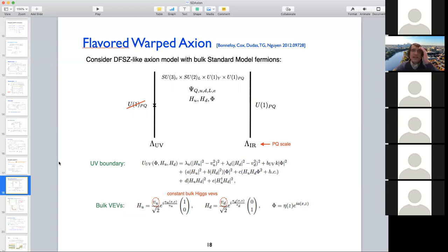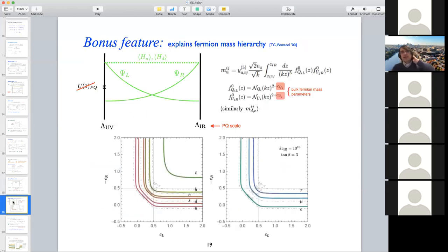I just want to be brief here because I don't want to go into any detail, but the upshot is that this particular model is going to also explain the fermion Yukawa couplings, and then we will also predict the Axion-fermion couplings. The fermion Yukawa couplings, that's a well-known story. If you can create sufficiently small overlap between the fermion profiles in the bulk, then you can have small Yukawa couplings.